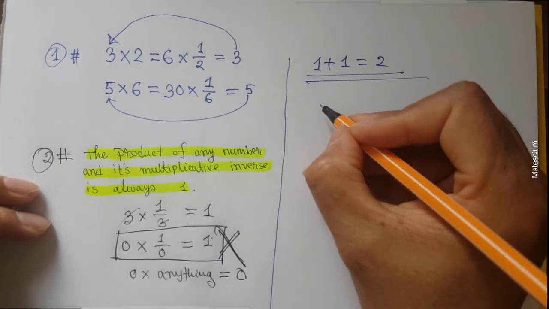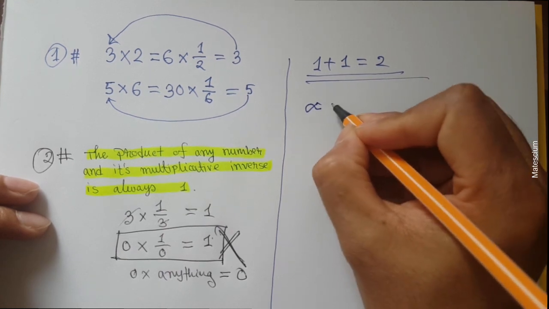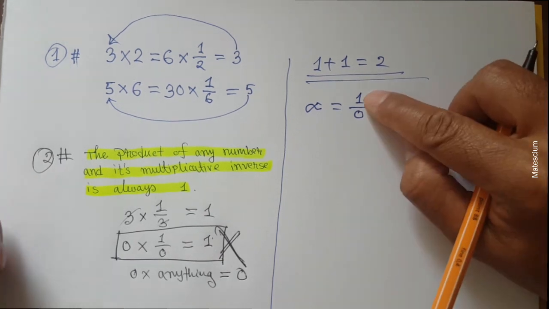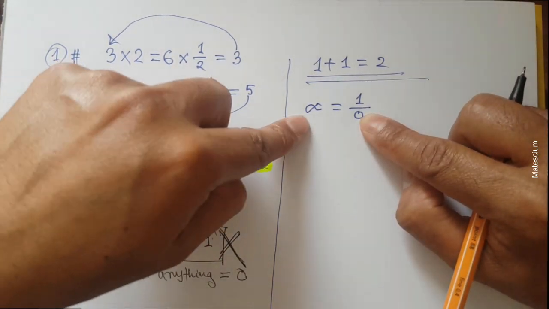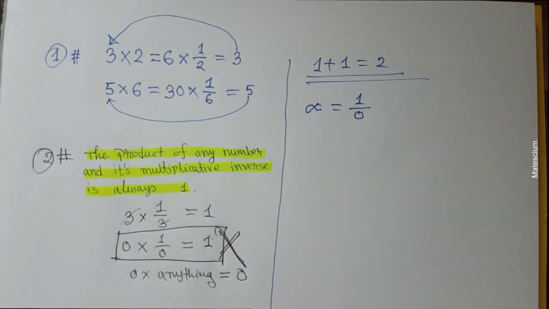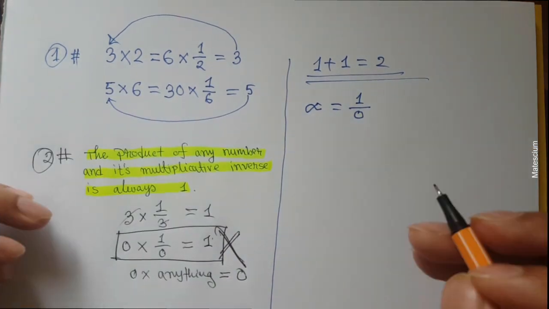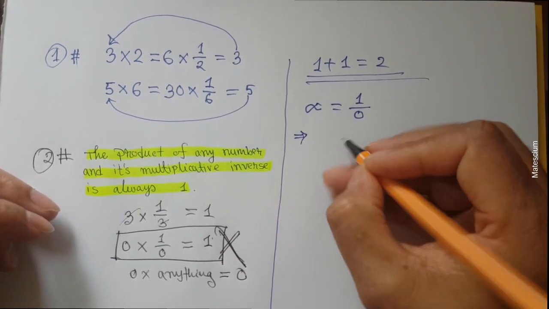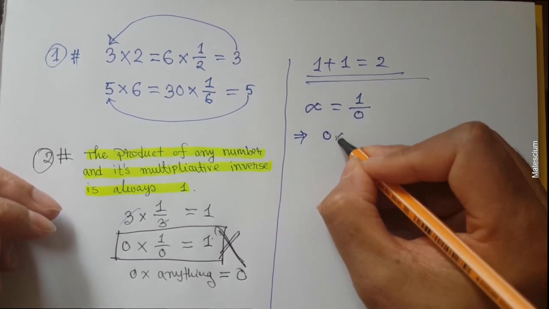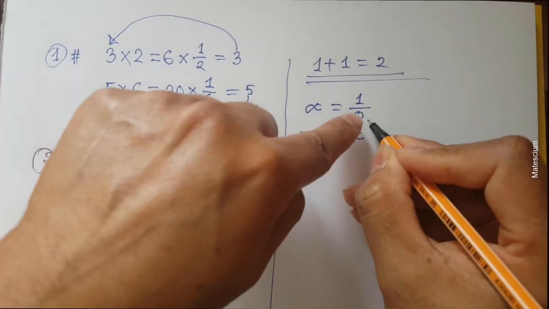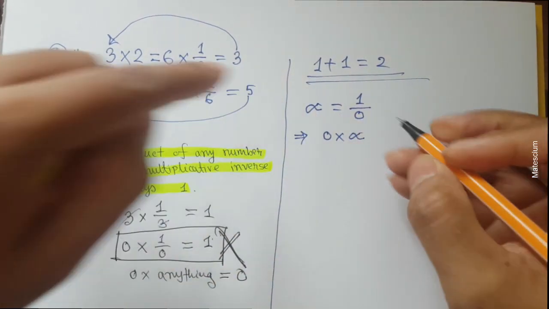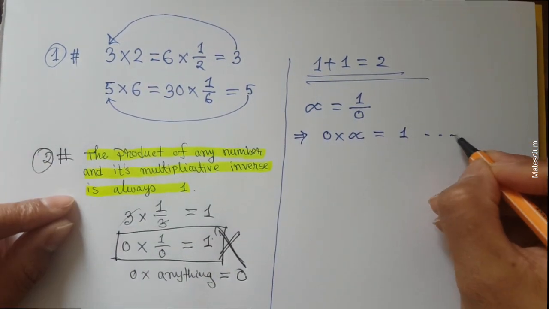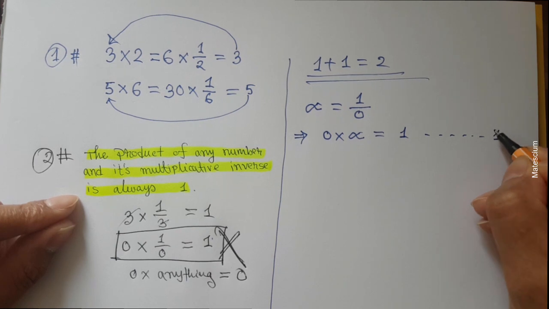We know that infinity equals 1 over 0. That means any number divided by 0 gives an undefined solution, or we call it infinity, right? I can rearrange this statement this way: 0 multiplied by infinity, since this 0 goes to the other side by multiplication, equals 1. Let's say this is equation number 1.